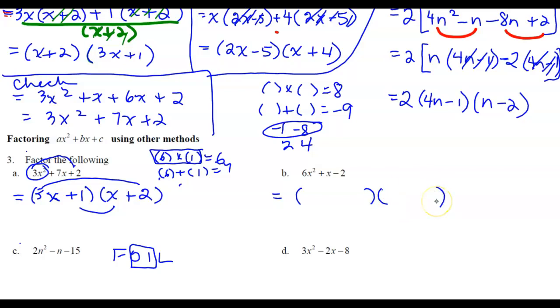6x squared. Is 6 a prime number? No, it's not a prime number. So I don't know if I put 6 and 1 or 2 and 3. Okay, so I'm going to put something x in, but I don't know what yet. And then my two numbers have to multiply to negative 12 and add to 1.